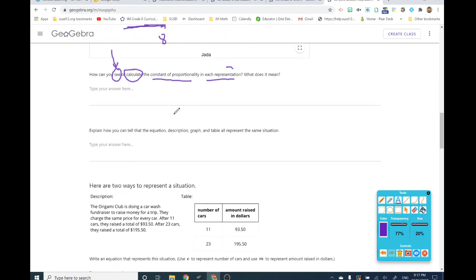Okay, type in your answer. I told you the answers, how you can see it on the graph and calculate it from the data points. Now you type in your answer here and explain it to me. Do you want me to help you with that? Okay, I will. You can see the rise over run on the graph, which equals the constant of proportionality.